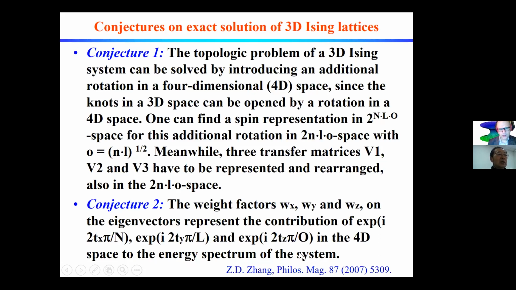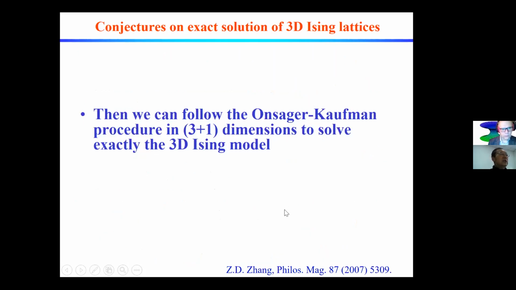This represents a projection from 4D to 3D. Then we can follow the Onsager-Kaufman procedure in 3D to solve exactly the 3D Ising model. This is my idea, but to confirm the correctness, we need to prove the two conjectures.